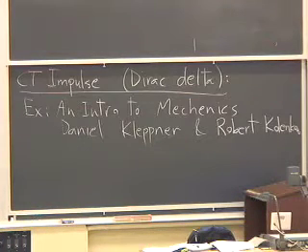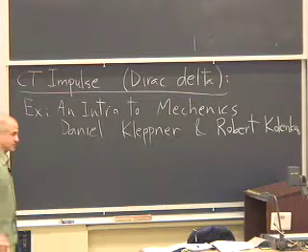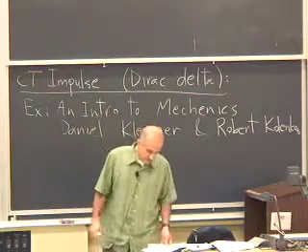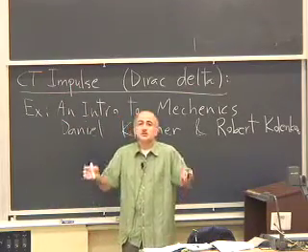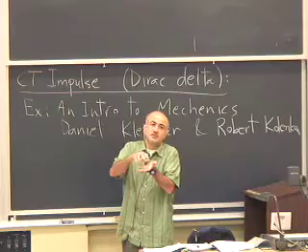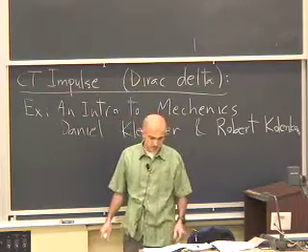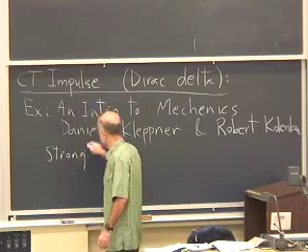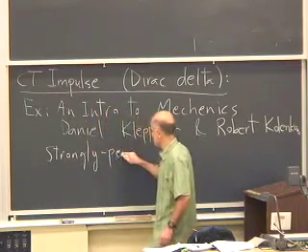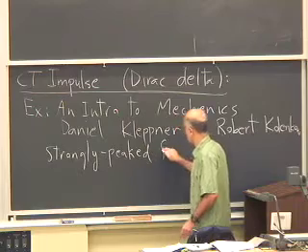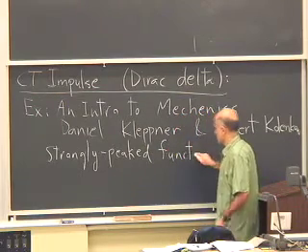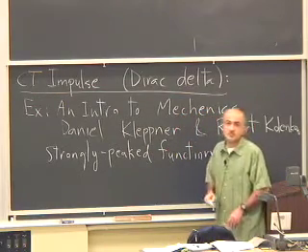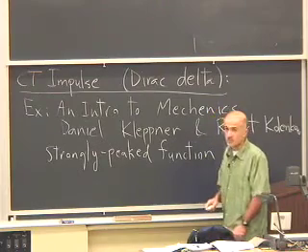The continuous time impulse is inspired by a physical phenomenon that is observed often, and that is functions that are narrow in time and very intense in amplitude. Okay? So essentially strongly peaked functions, or in the case of physics, mechanics, strongly peaked forces.